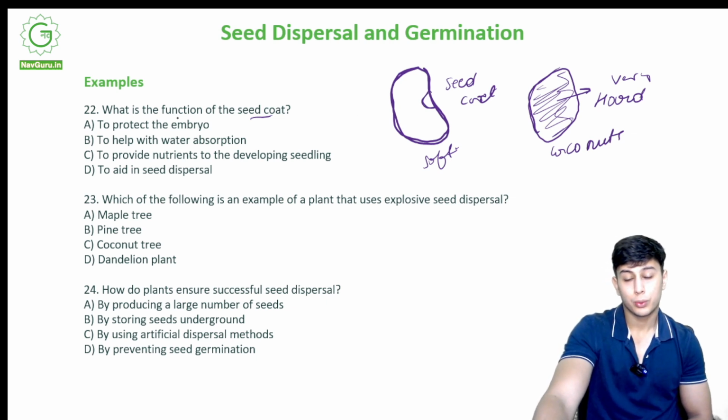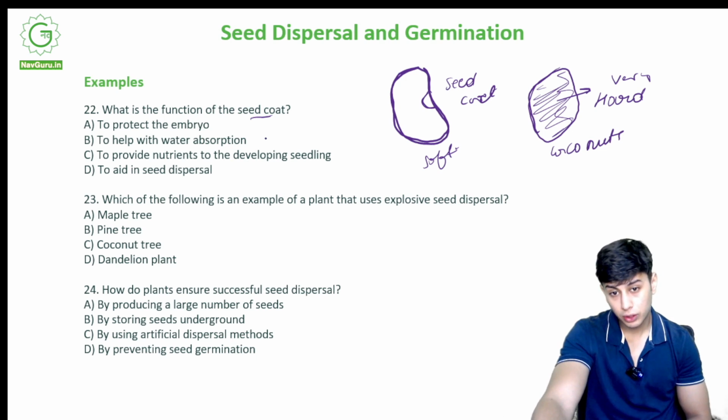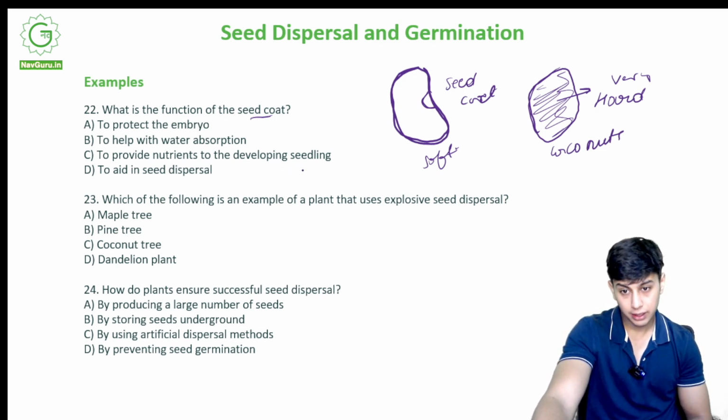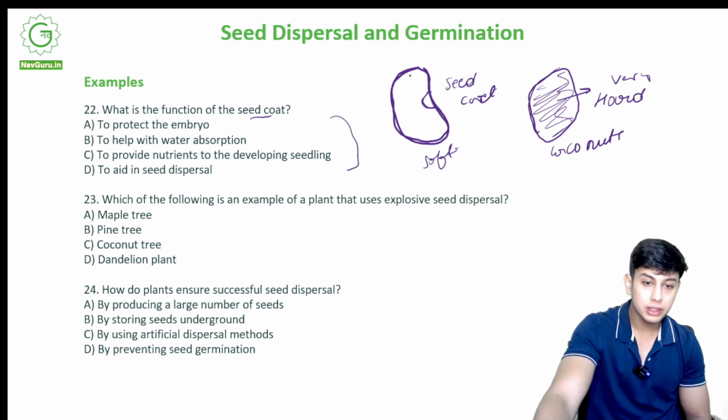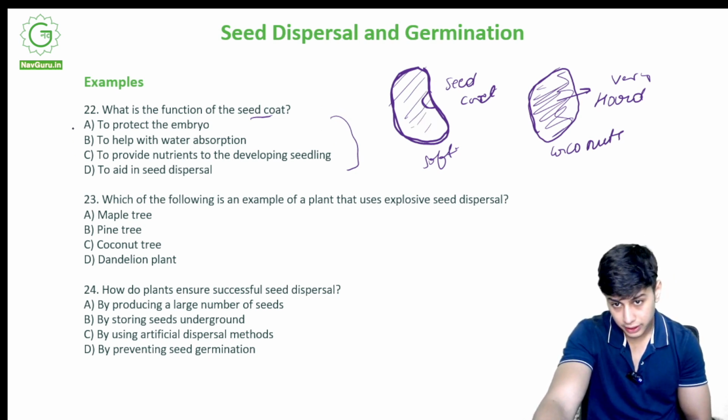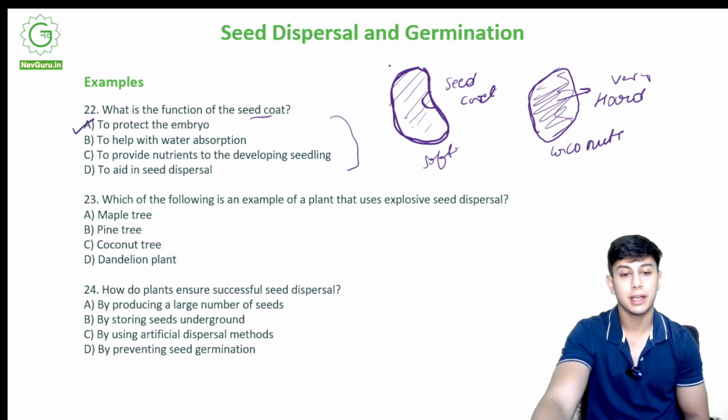Now what is the function of the seed coat? To protect the embryo, to help with water absorption, to provide nutrients to the developing seedling, to aid in seed dispersal. Now this might be confusing for you. What is the function of the outer coat? The correct option over here is A, to protect the embryo.